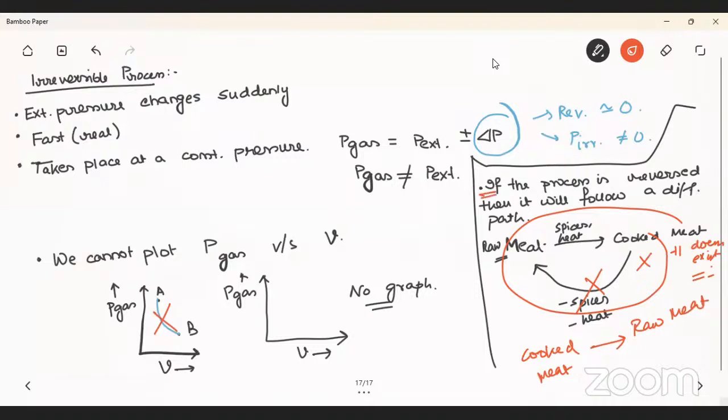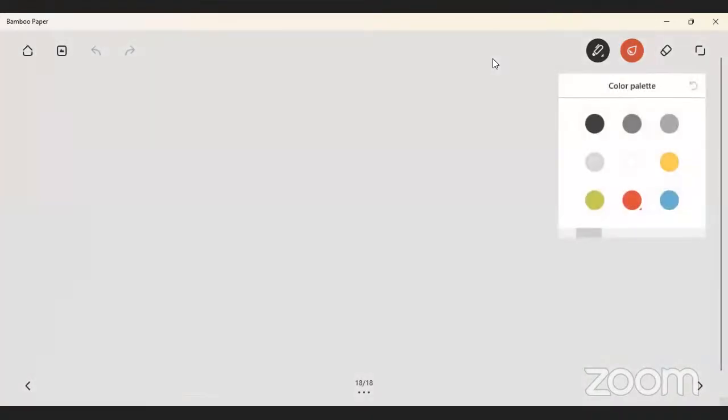But if you somehow try to reverse an irreversible process, then it will follow a completely different path. Is this part clear to everyone? The in-depth difference between the reversible and the irreversible process.